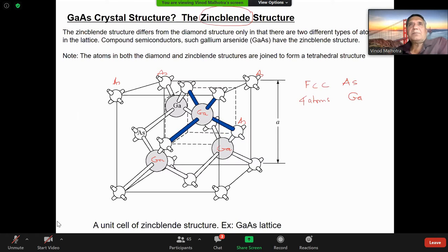Now here's a question, and I'm hoping somebody would respond to it, to try to make it interactive. Gallium arsenide, when you look at chemistry, you would say for 1 gallium, there is 1 arsenic, right? Stoichiometry would say so. True?